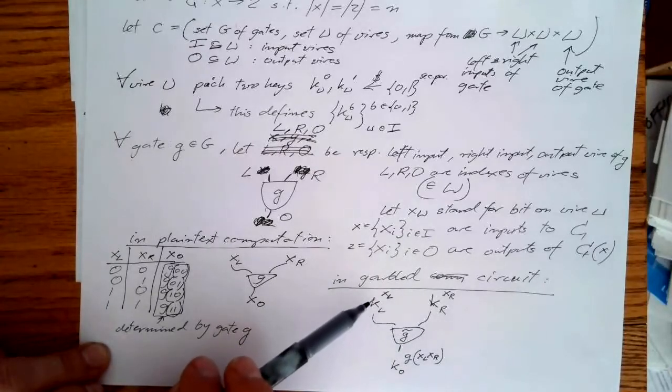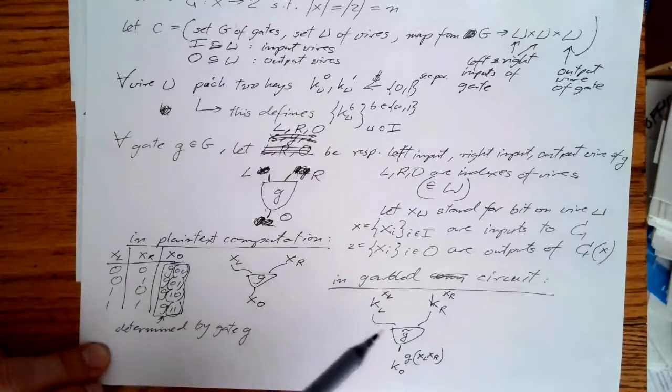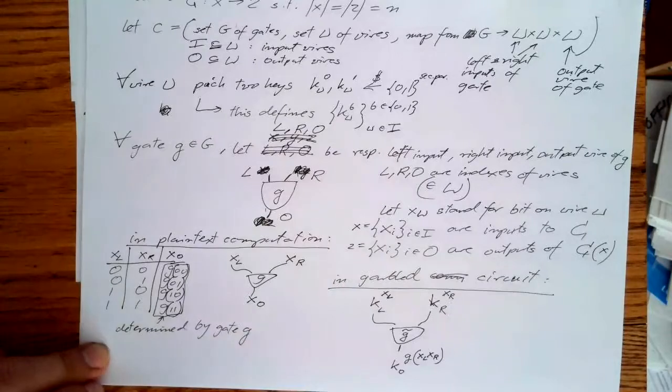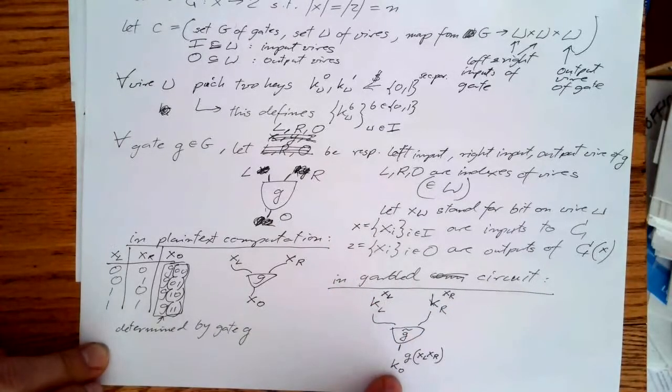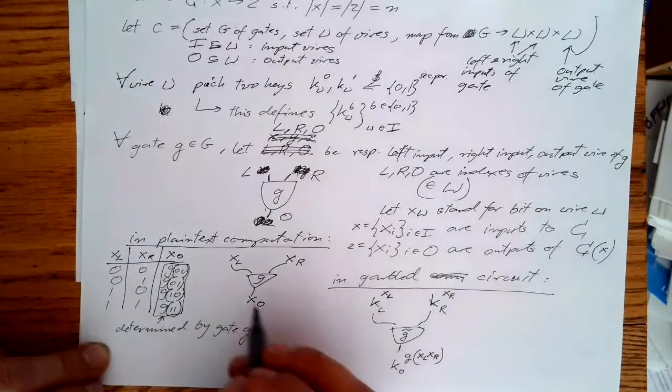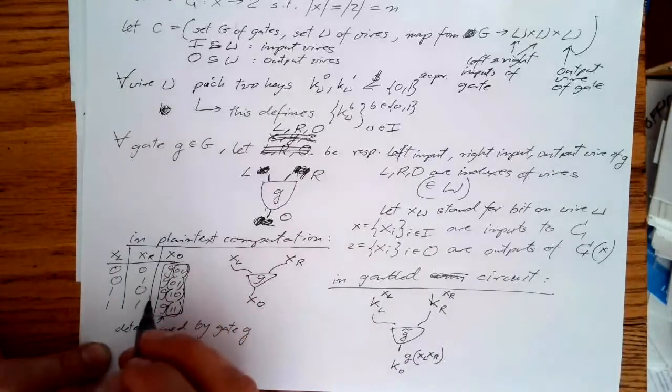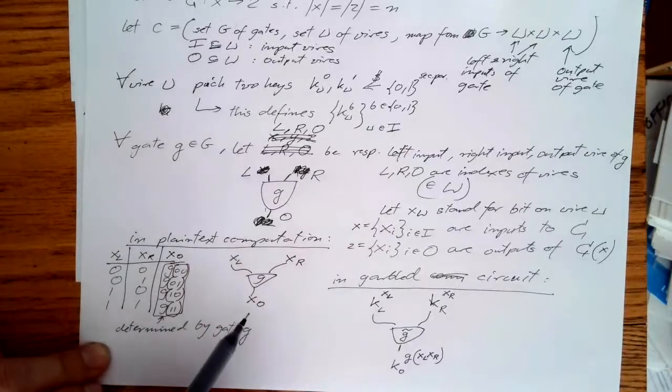Whatever case I have, I will have some key on the left and some key on the right. This gate description will allow me, given these inputs, to compute the key corresponding to the output wire. And which key will that be? The one indexed by the correct bit corresponding to the gate table and the input bits X_L, X_R.